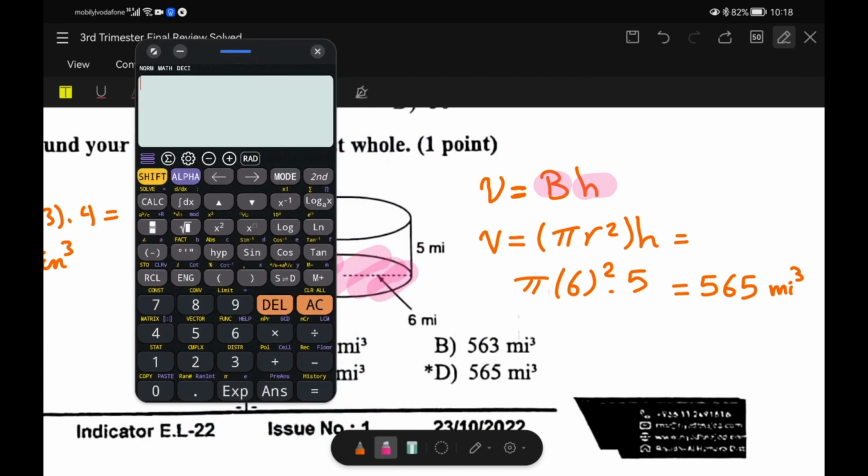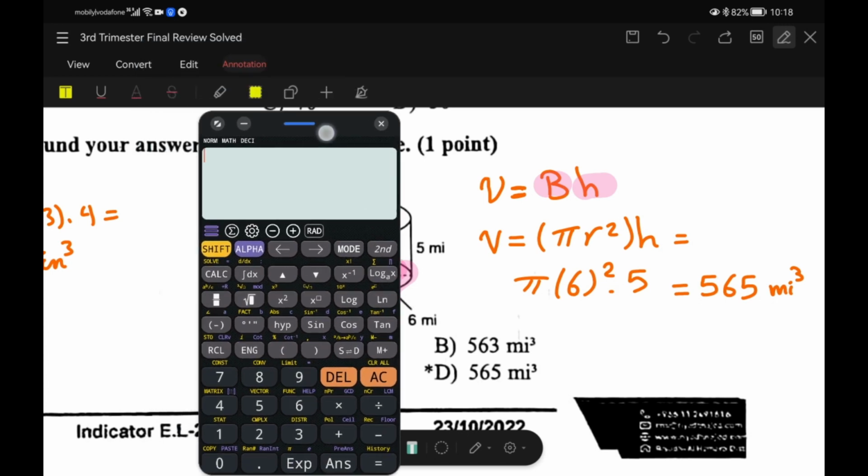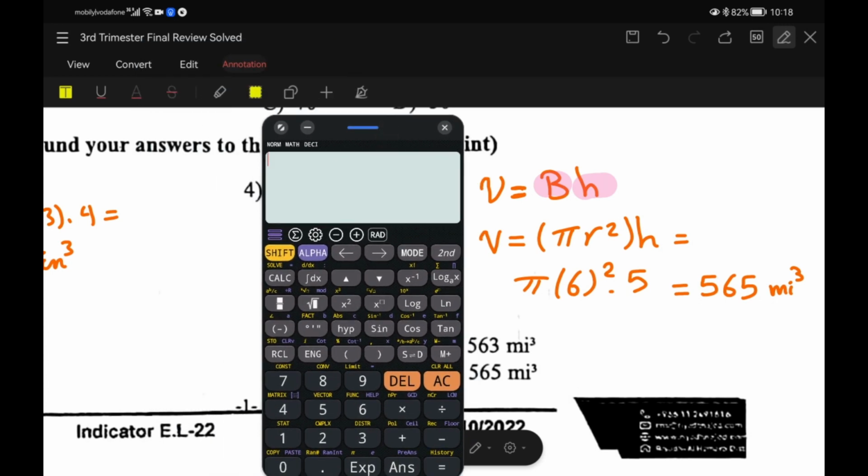For that math example, what do you see? To find the volume, we need to write pi r squared times the height. This is pi, by pressing shift and the key times 10 to the x. This is pi times 6 squared times the height here, which is 5.